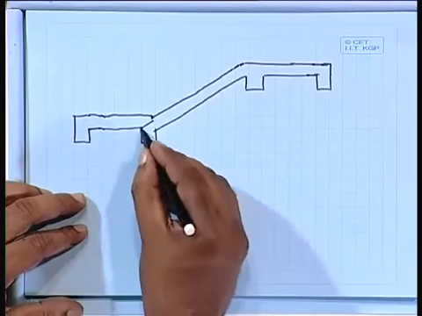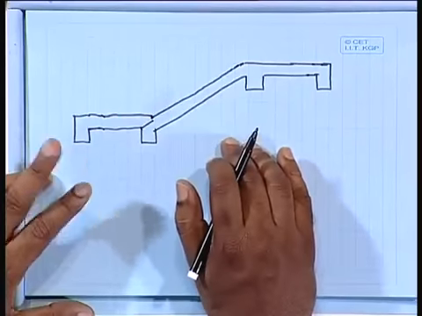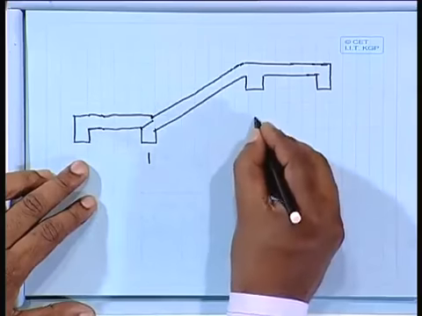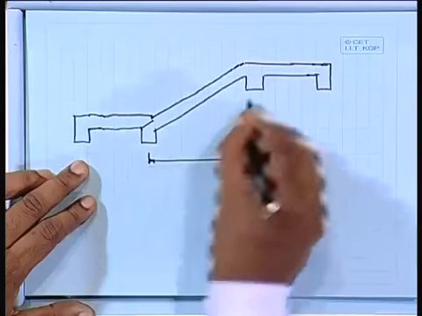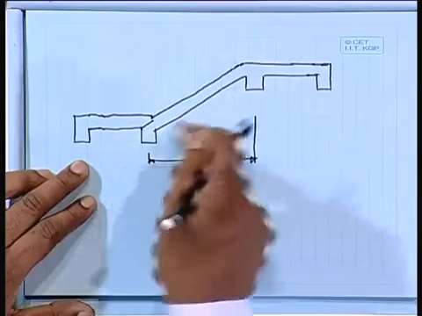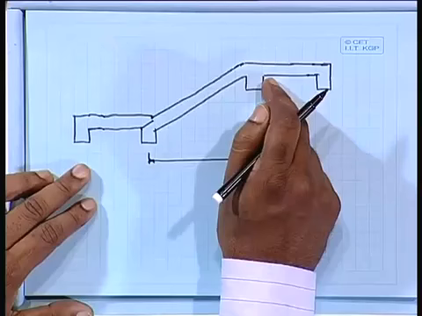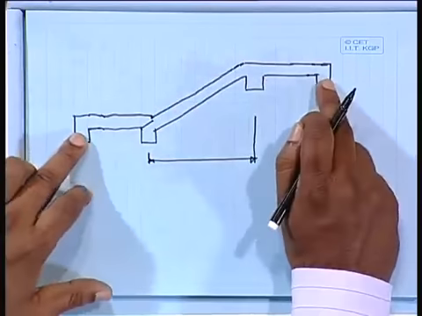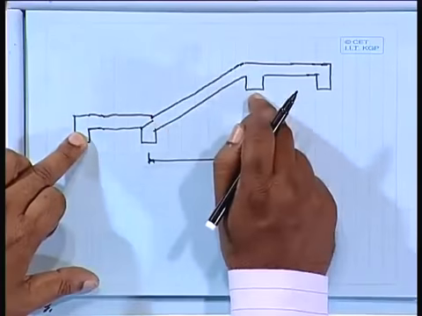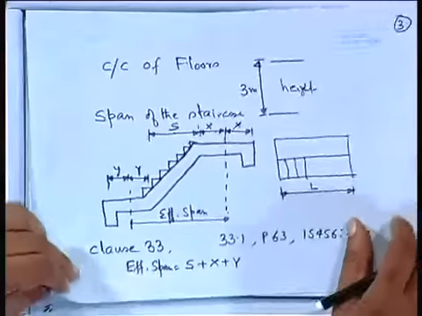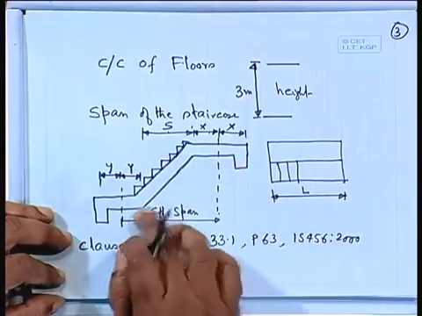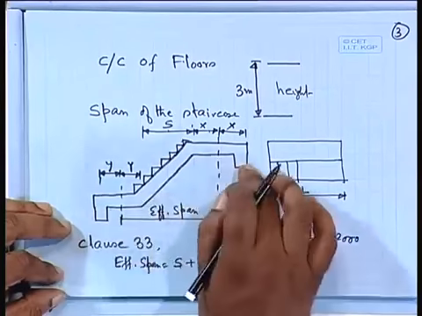So in this case, this is your one type. In this case, what will happen? The effective span here, because we do not have any such thing, is only the center to center distance between the two beams, because it is supported by these two beams. The first one we have shown is supported here, there is no beam here. Please note, I think you remember. So this is the case where there is no support here, it is only supported on these two beams.